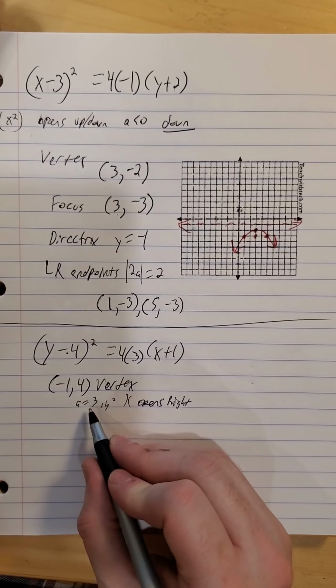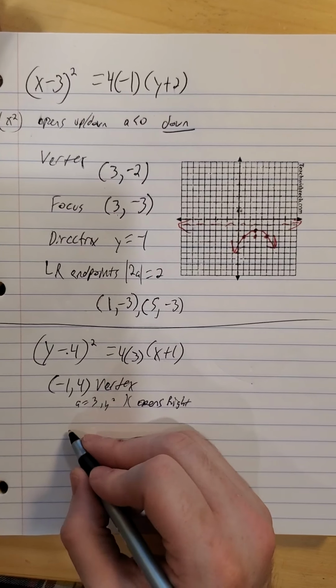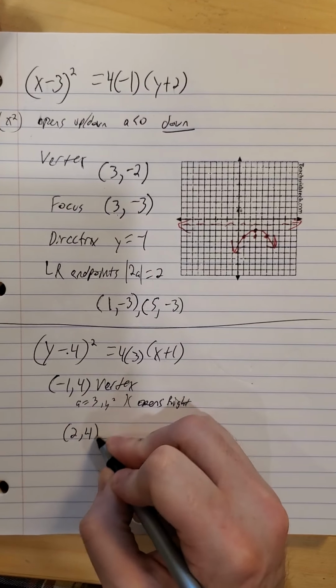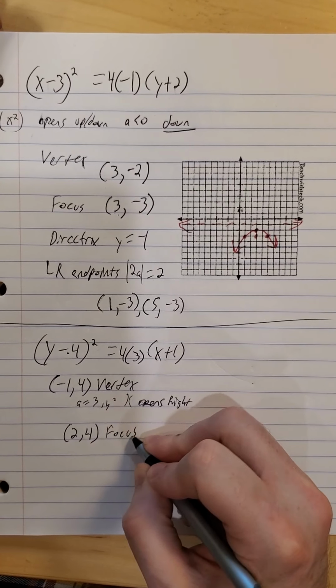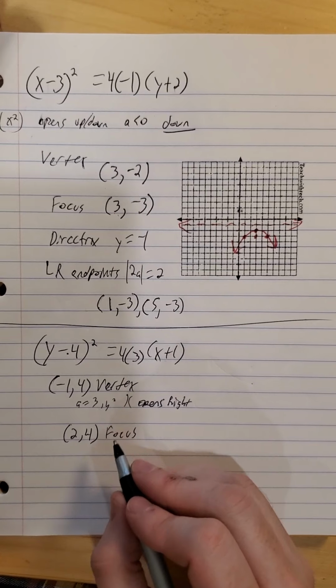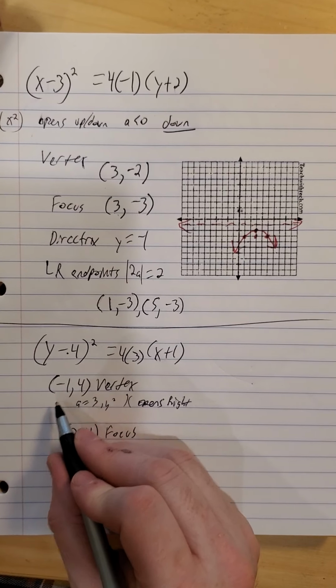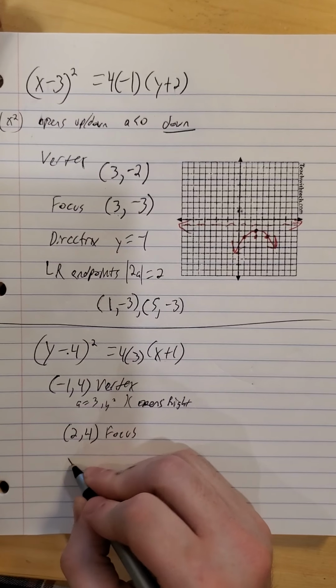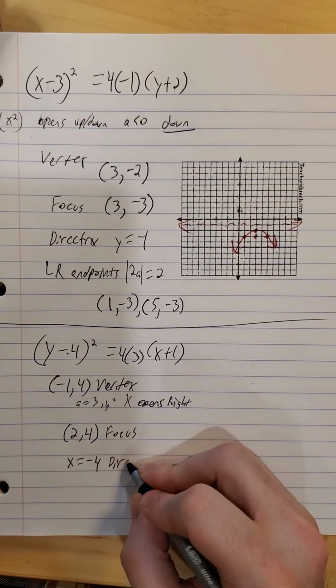So that means our focus, we would move to the right 3 units. So from -1, that would take us to a positive 2. Y value would remain the same. So directrix, I would move to the left 3 units. So that puts us at x equals -4 for the directrix.